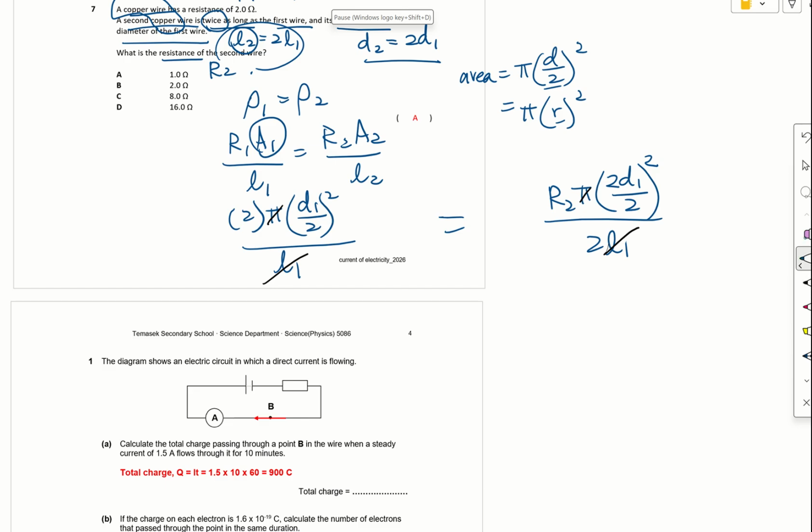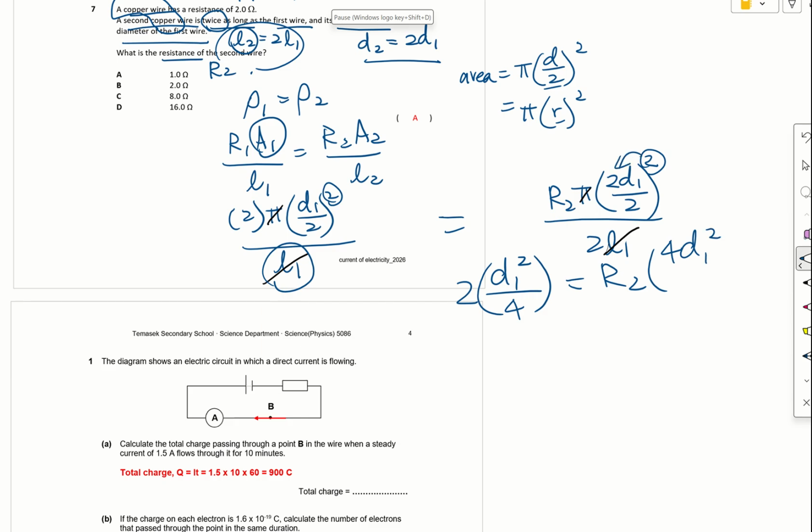I will have 2 times D1 squared over 4, right? I apply the square into the bracket. I will have D1 squared over 4. And because L1 is gone, it will just be equal to R2. So now I need to apply the square inside. So I will have 4 D1 squared, right? 2 is squared and D1 is squared. And my 2 at the bottom will also be squared.